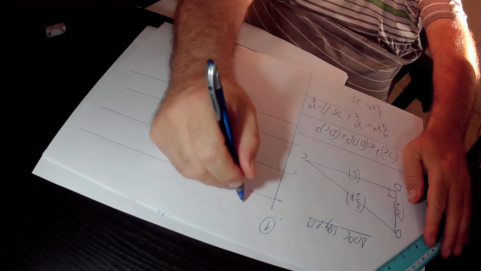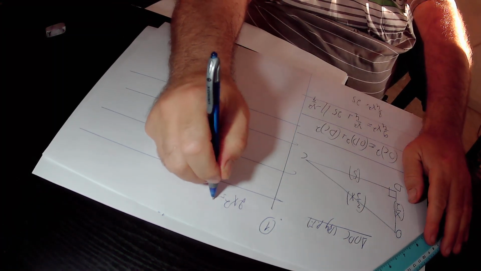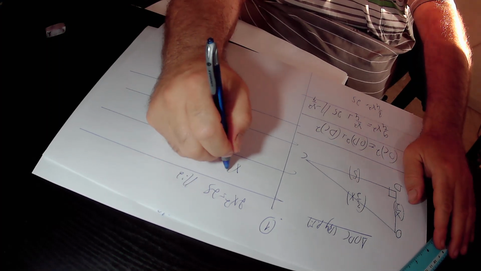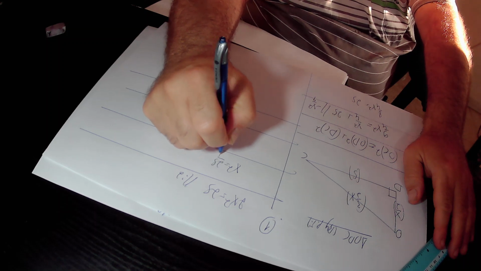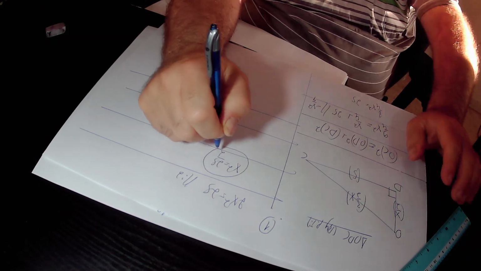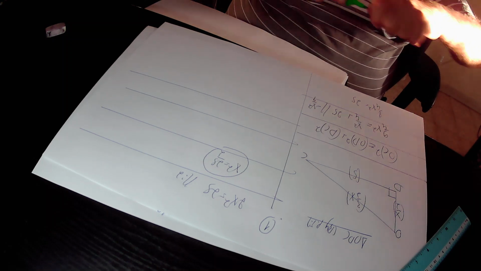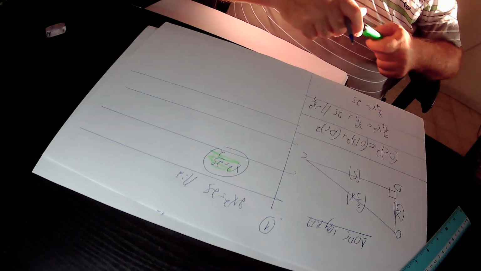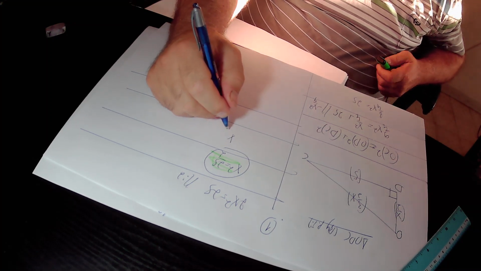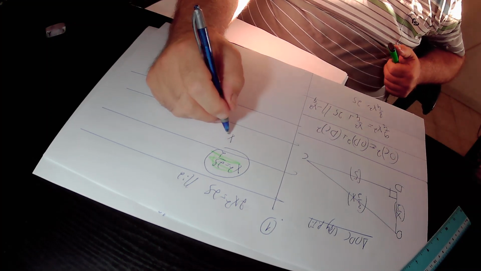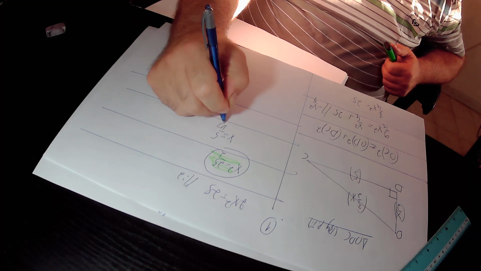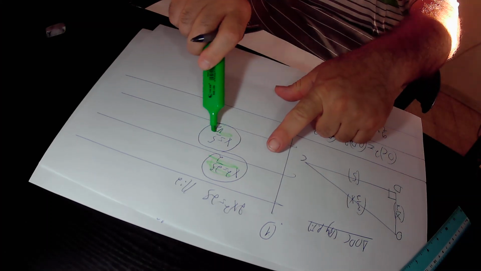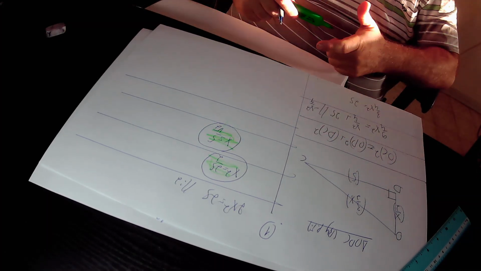So 2x squared equals 25. Here we divide this equation by 2 and finally get that x squared equals 25 over 2. Taking the root, we finally get that x equals the square root of 25, that is 5, over the square root of 2. So x equals 5 over square root of 2 units, and x squared equals 25 over 2.